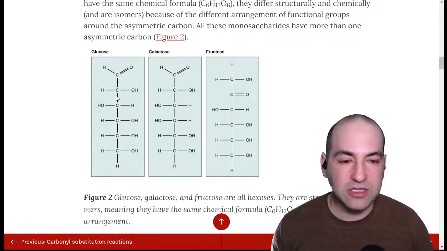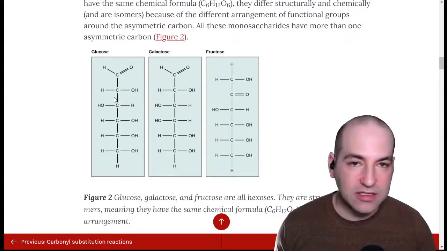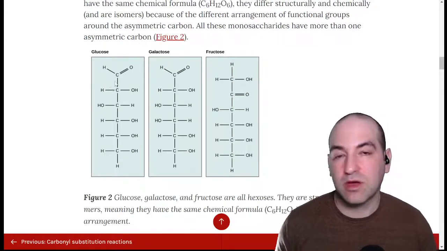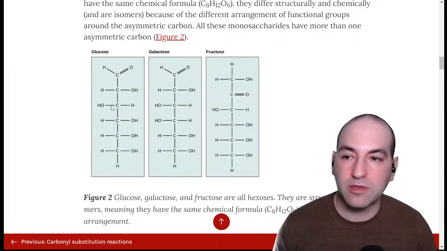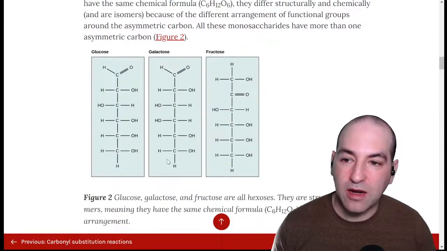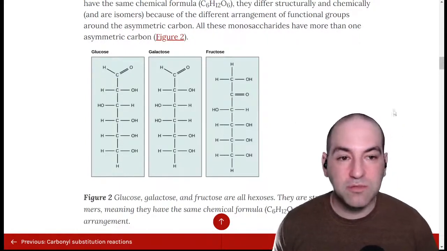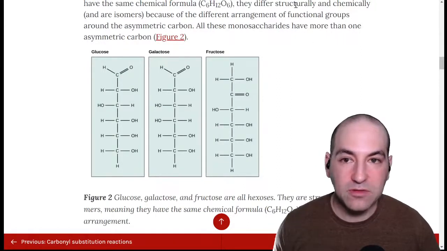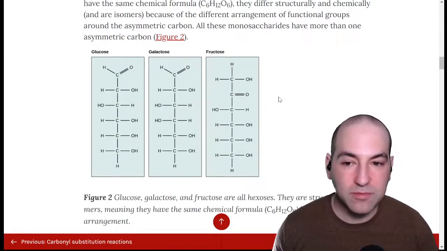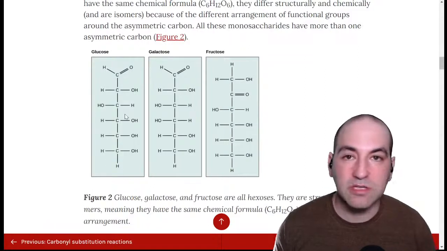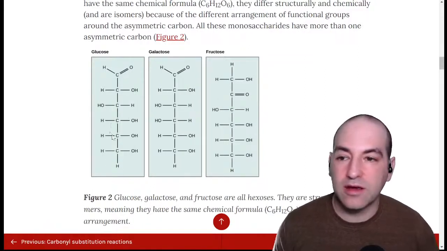So if you were to take a model kit, if you have access to one or a virtual one, it might be a good idea for one of your at-home experiments. You can build a model of this and a model of this, and twist them around and try to put them next to each other, and you should be able to see that they, in fact, do not line up. You can't make these the same just by rotating things. So they are indeed different.